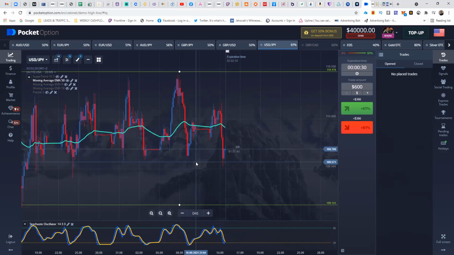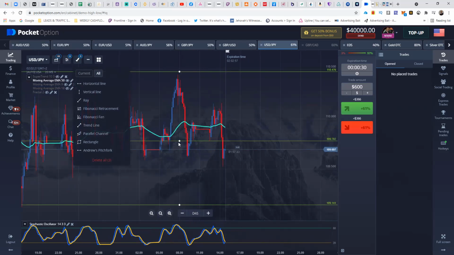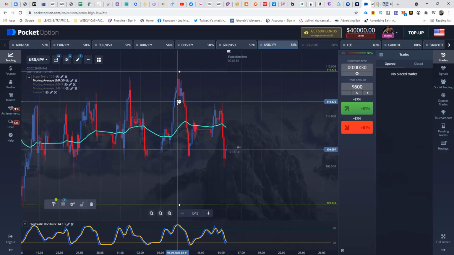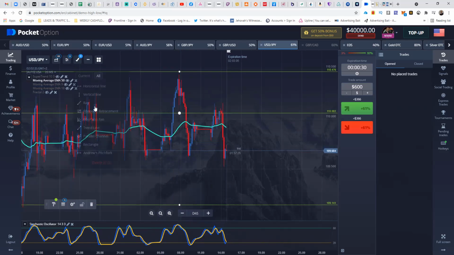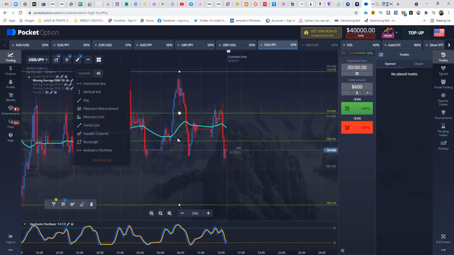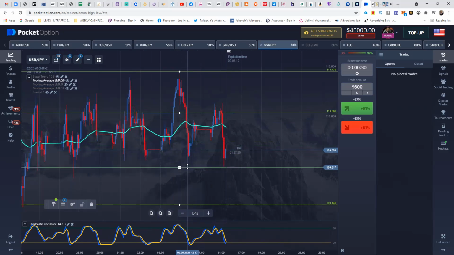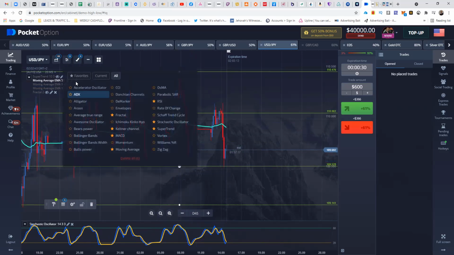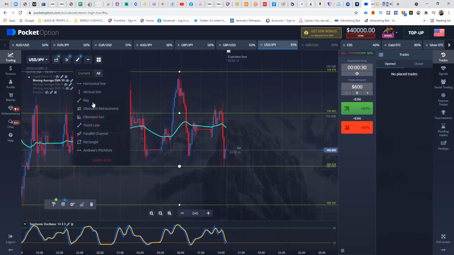Now I'm going to take the horizontal line and mark up market structure, so we can see how price is interacting with these zones here. I can kind of see it right here. Then I'm going to draw zones based off of that.